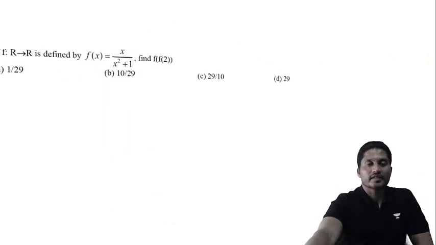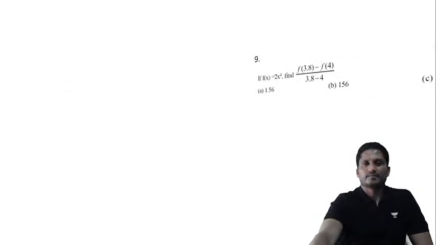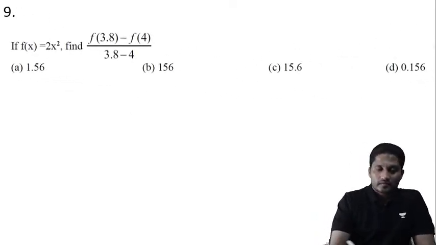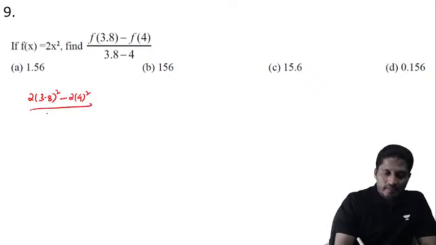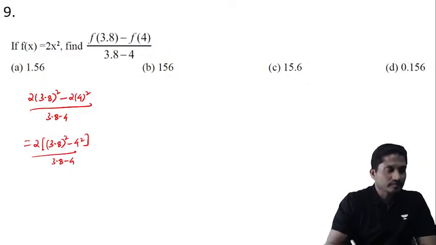Alright, let's move to the next question. F of 3.8 can be written as 2 into (3.8) the whole square, right? Minus f of 4 is 2 into 4 square, right? Divided by 3.8 minus 4. 2 is a constant, I'll take outside. 3.8 the whole square minus 4 square divided by 3.8 minus 4.